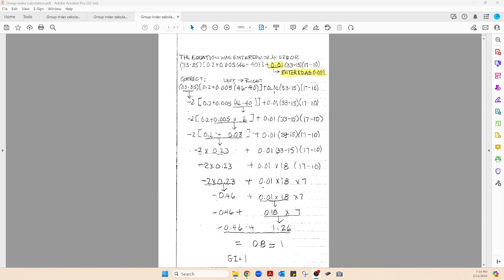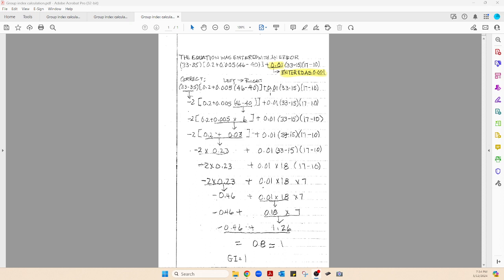It's 0.01. So that will be multiplied times the percent passing the number 200 sieve minus 15, times the plasticity index, which will go right here, in this case 17, and that's minus 10.